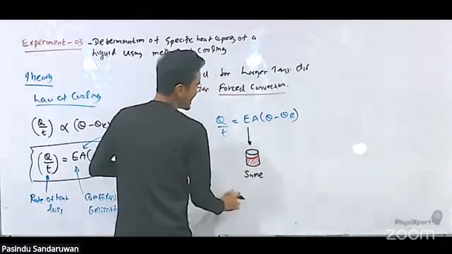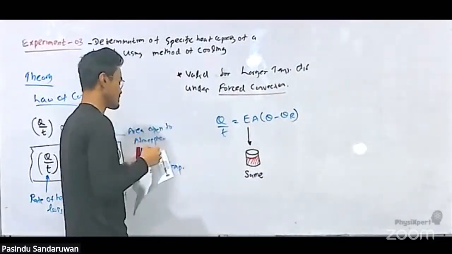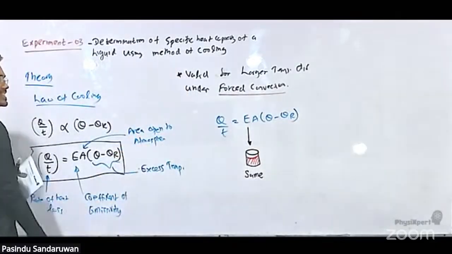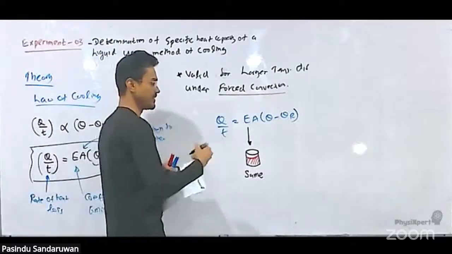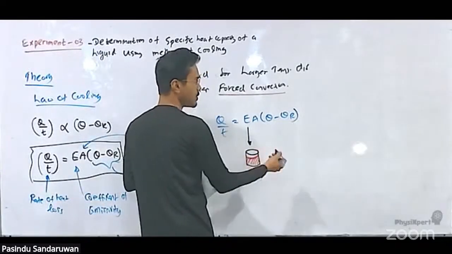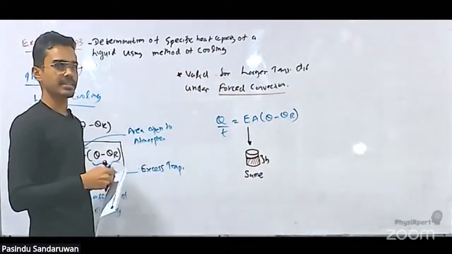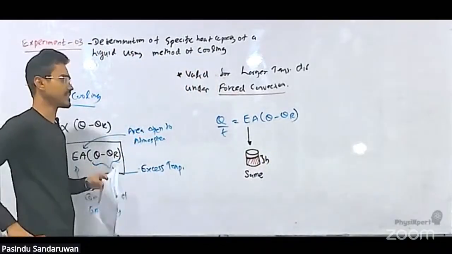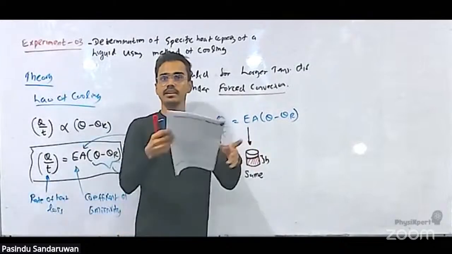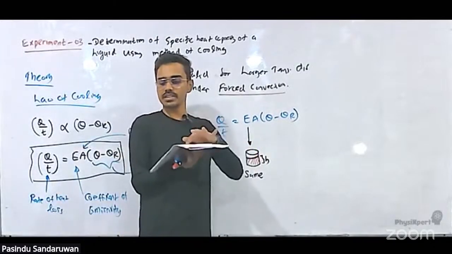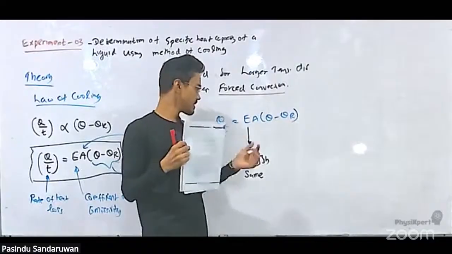Listen. To keep the area open to atmosphere constant, water and liquid are filled to the same height. If it is filled to the same height, the area open to atmosphere is the same. Area open to atmosphere is not only the surface.